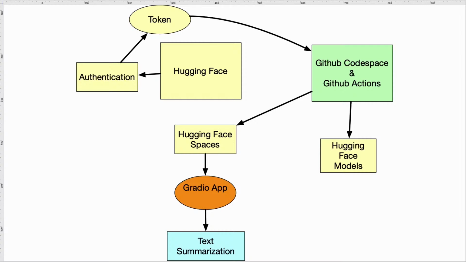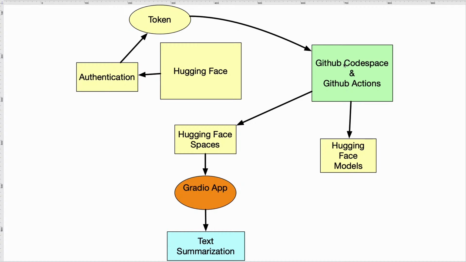Let's take a look at this application of a Hugging Face MLOps workflow. First up, I'm going to go to Hugging Face and I'm going to require an authenticated account so that I can have a token here. Once I have this token, I'm going to go over to GitHub and launch a GitHub Codespace so I can develop my application locally.